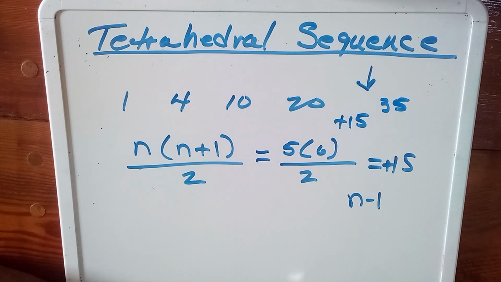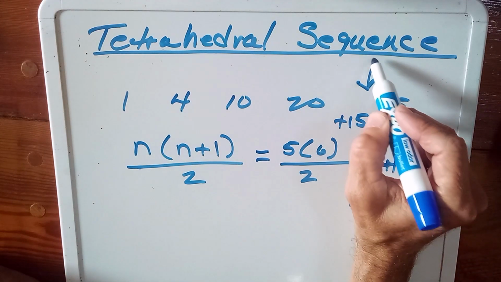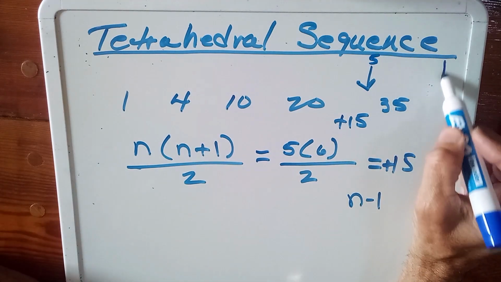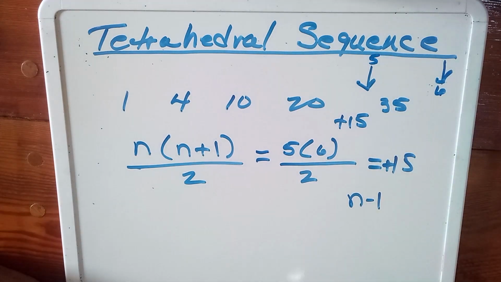How about the next term? So this would be 5. Now I'm looking for 6. Let's just say I'm asked for the sixth term in the tetrahedral sequence of 1, 4, 10, 20. I would have to do 5 first, because in a recursive formula, it's always based on the previous term. So if I'm asked for the sixth, I still have to do the fifth.